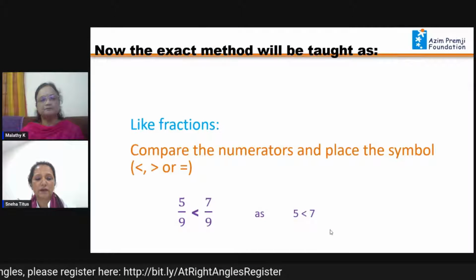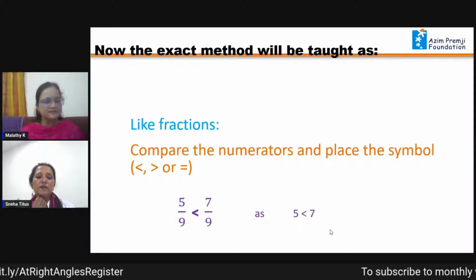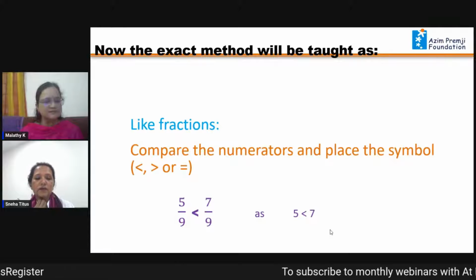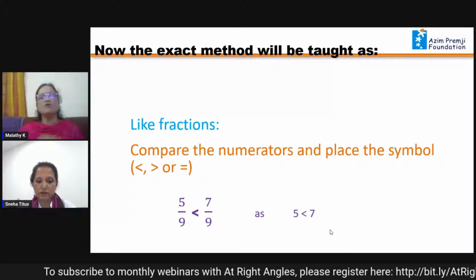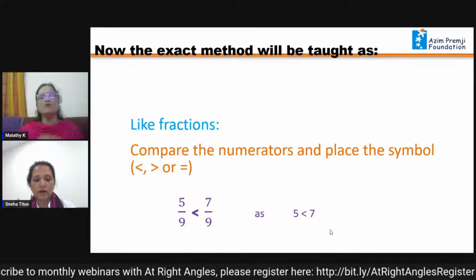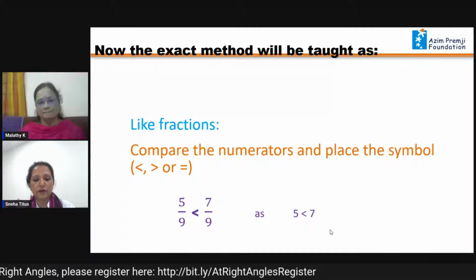So compare only the numerators when it is for like fractions. So we compare the numerators and we say that 5 is less than 7, so 5 by 9 is less than 7 by 9. That is what we teach them as the technical way.